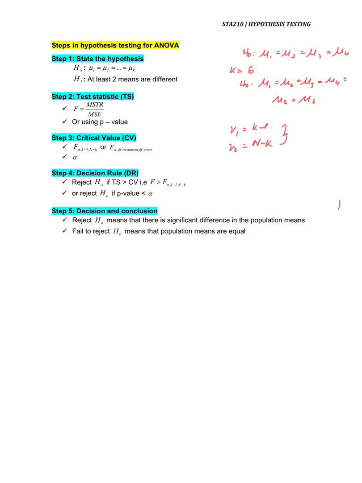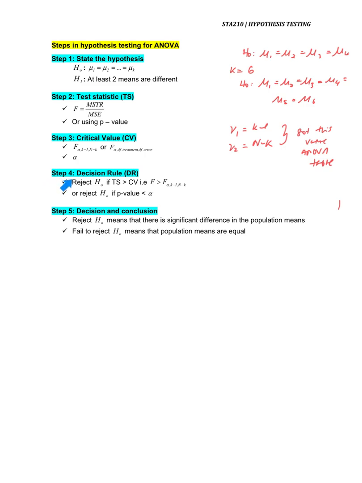You can get both values from the ANOVA table. If you notice, there is the value for degrees of freedom treatment, and the other one is degrees of freedom error. Then if you are comparing the p-value, you just compare with the value of alpha.